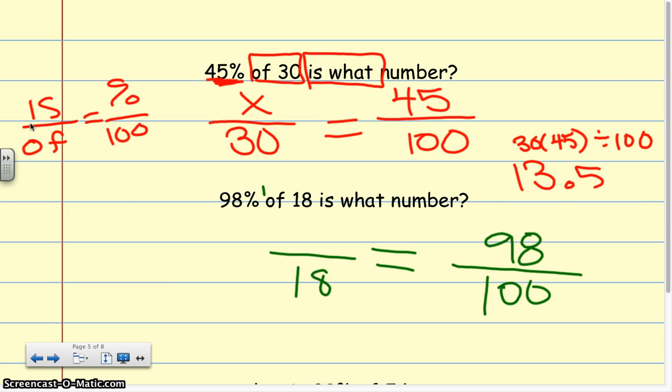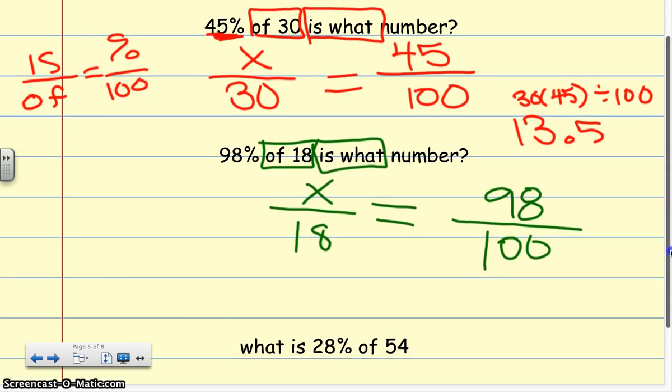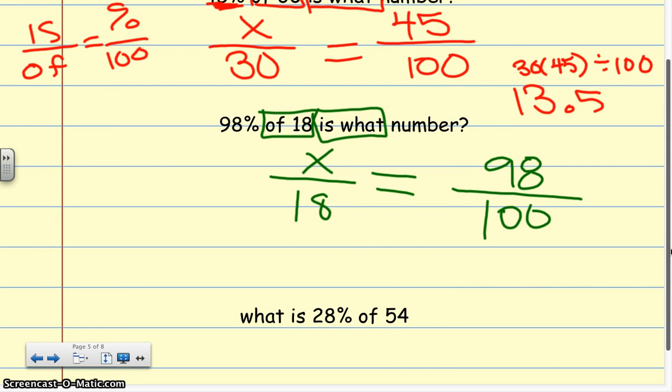Bottom, because this is connected to our of. Is what? X. What did you get? So we get x is equal to 98 times 18 divided by 100, which is 17.64.